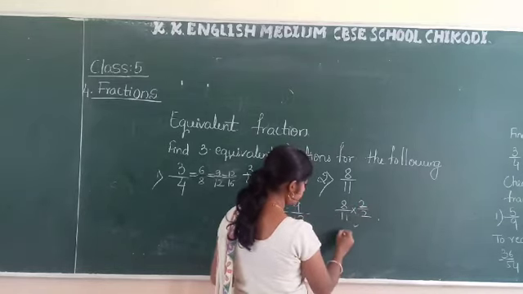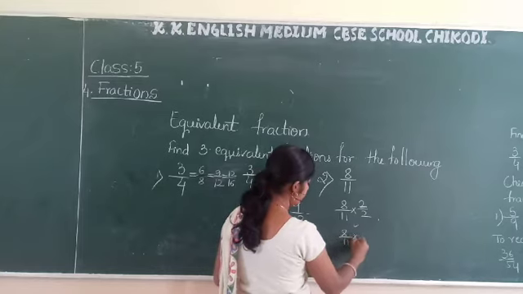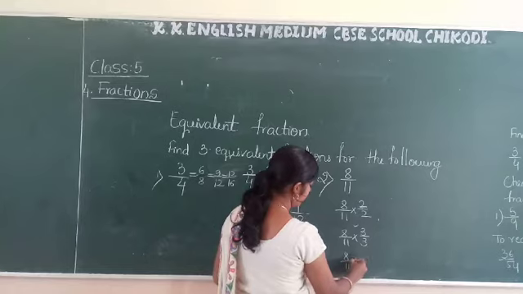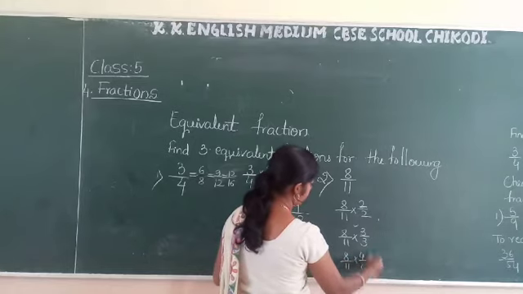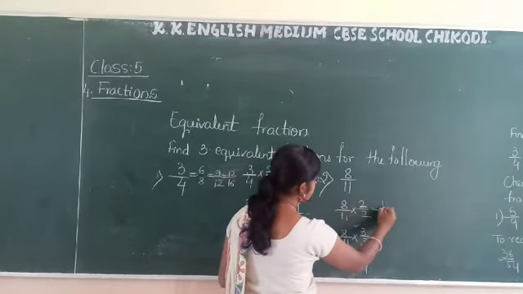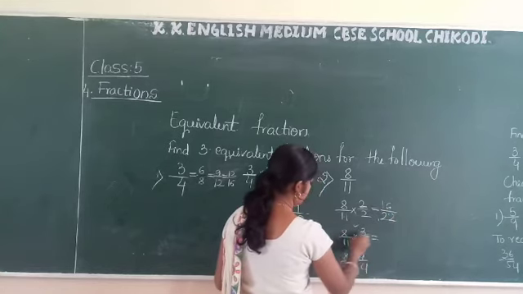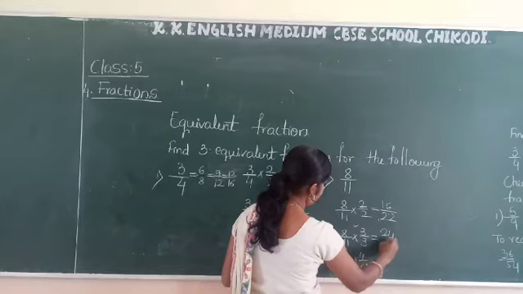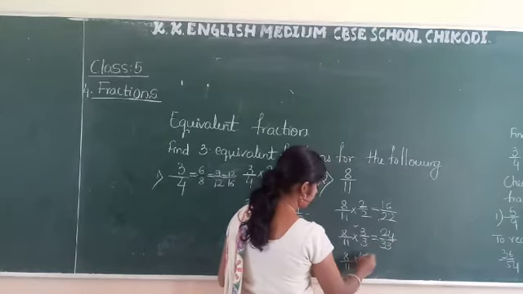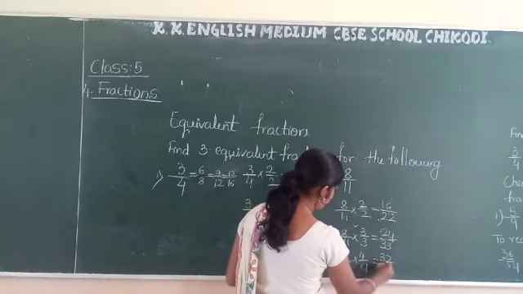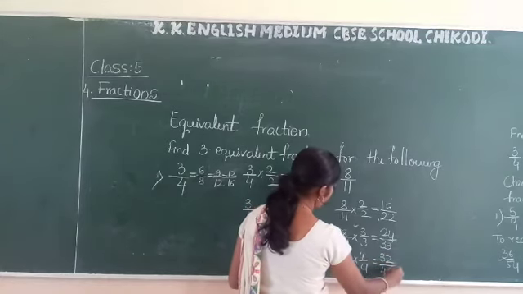Next 8 by 11 into 3 by 3. 8 by 11 into 4 by 4. 8 2s are 16, 11 2s are 22. Next 8 3s are 24, 11 3s are 33. 8 4s are 32, 11 4s are 44.